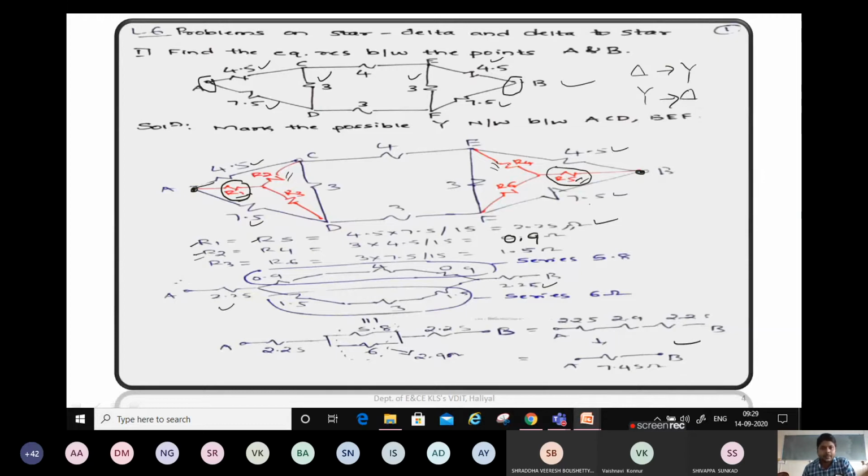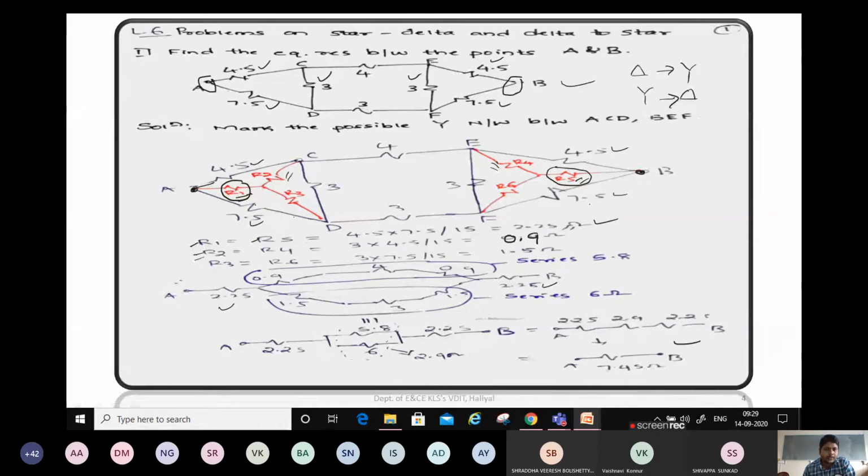So it is the same as if we calculate R1, then the same thing can be equated to R5 as well. Okay, so how to calculate R1 and R5? We are expressing it as a star to delta to star expression.